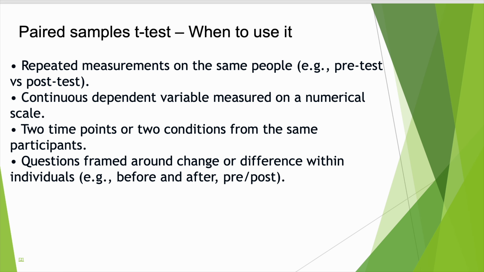So when do we use it? We use it in that pre-test, post-test environment. Typically, if you are looking to find out if some type of training, professional development, curriculum, intervention, leadership summit, any of that, if you're trying to study if that improves anything, you are looking at a paired samples t-test.